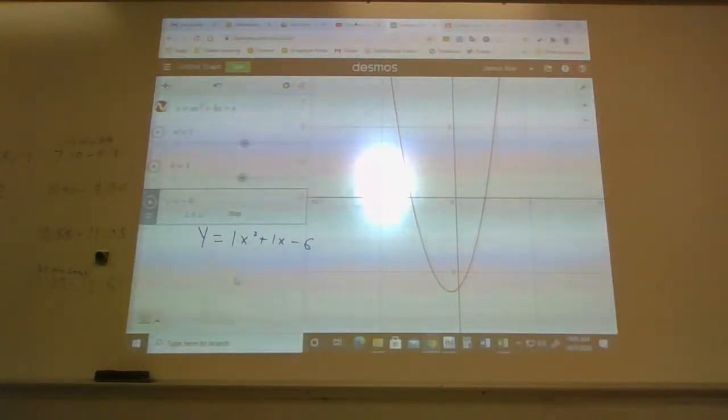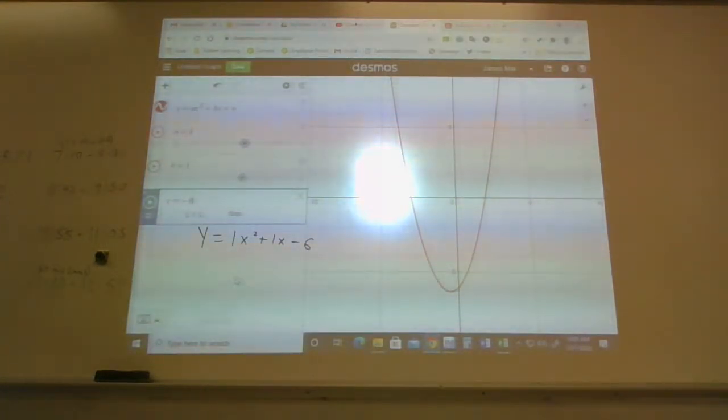Why? You did guess correctly. Why is positive 2 a solution to this graph? By the way, there's a second solution.